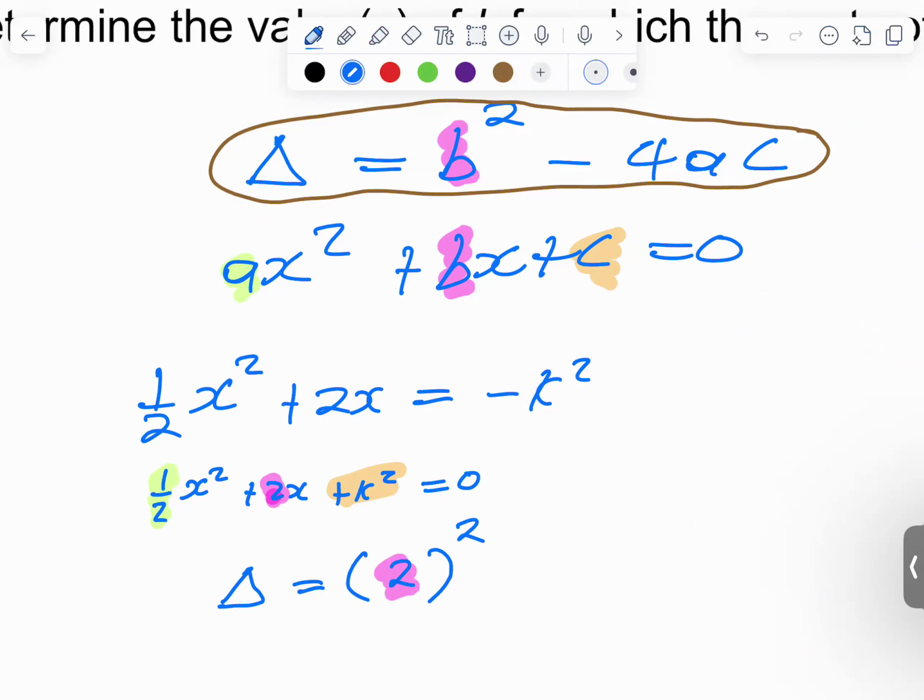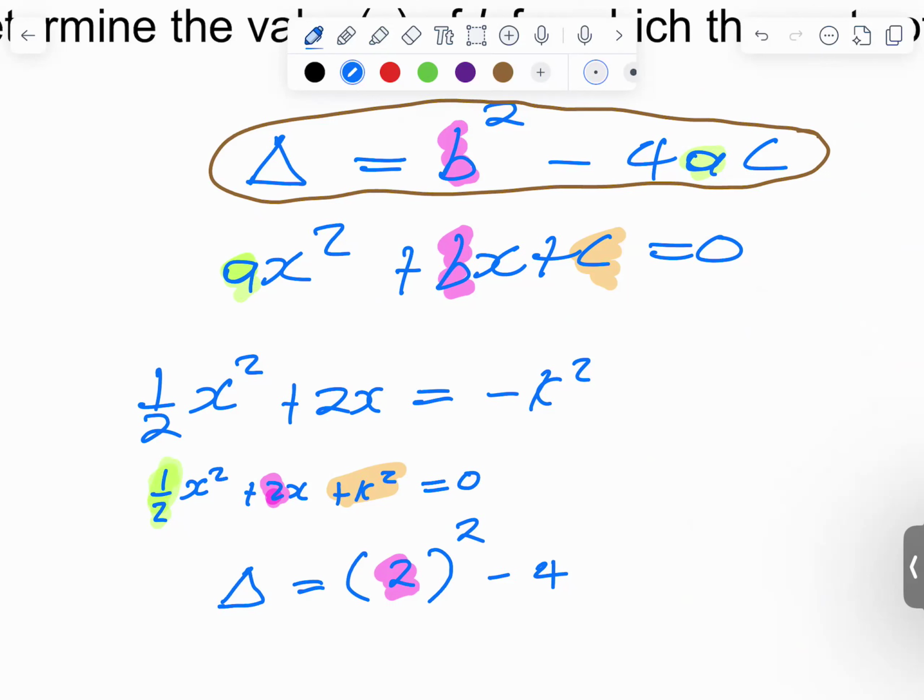And then I'll have minus 4, where there is a, I will substitute a half.